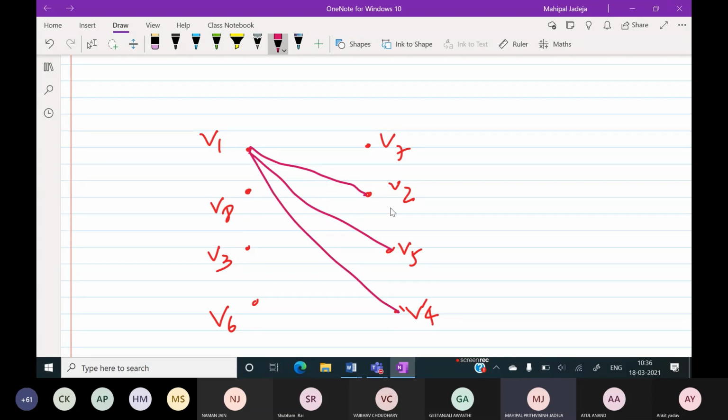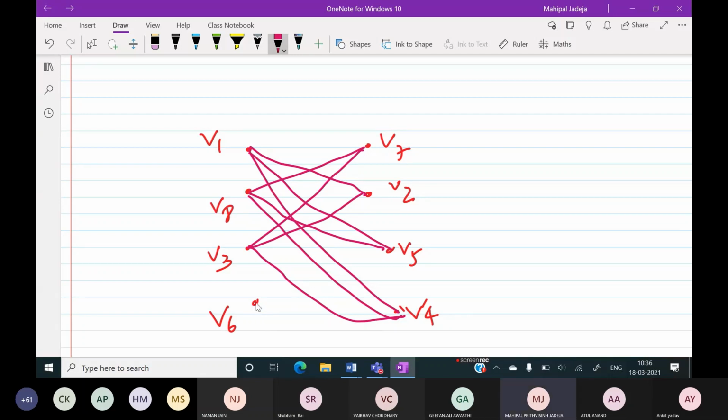Similarly, I'm skipping the V8, V2 edge, but V8 will be connected with the remaining 3 vertices like this. I'm skipping V3, V5, but V3 will be connected to V7, V2 and V4. And finally, V6 will be connected to V7, V2 and V5.